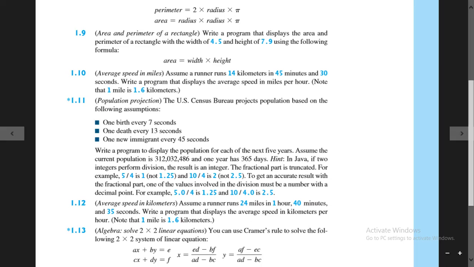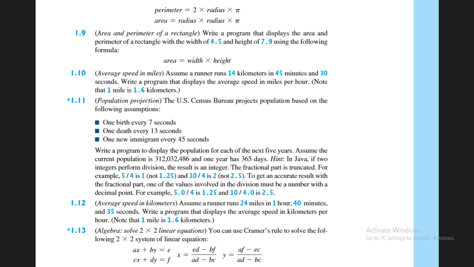They're actually giving us a hint here. In Java, if two integers perform division, the result is an integer. The fractional part is truncated. For example, 5/4 is 1, not 1.25, and 10/4 is 2, not 2.5.